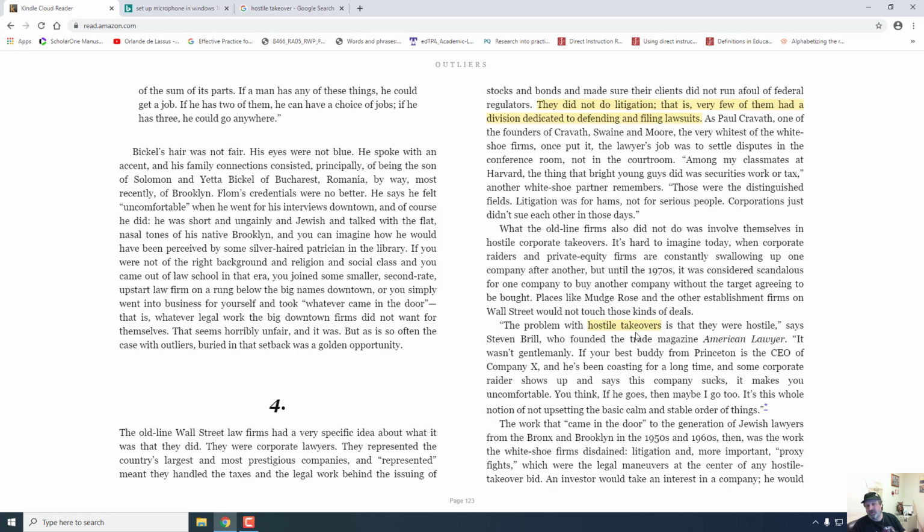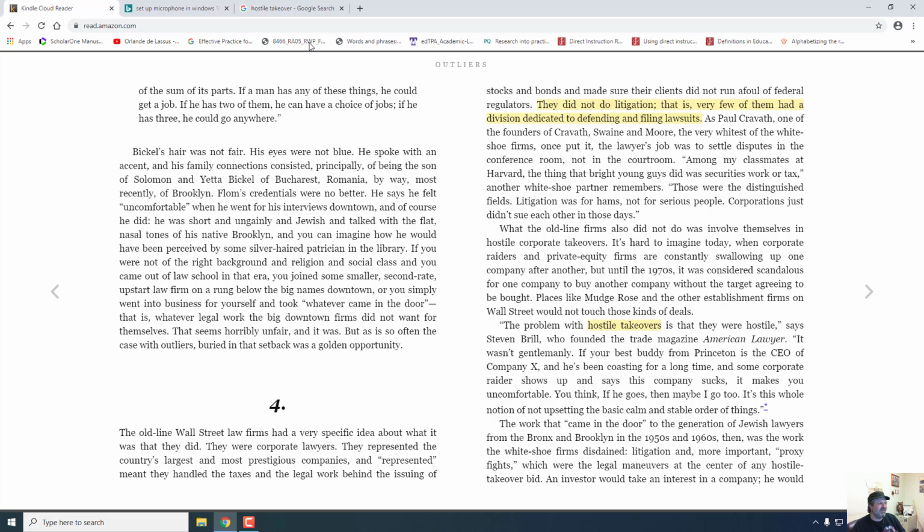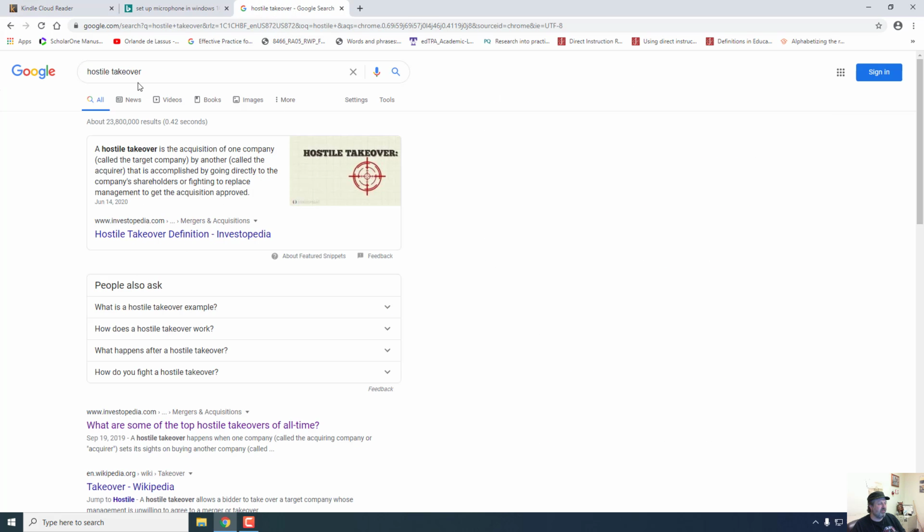There are different ways you can learn about this. Maybe one of you knows, and so you're just talking about it. You can talk to one of your parents. You have Google. So I Google hostile takeover, and it pops up first right here from Investopedia. By the way, Wikipedia, Investopedia, etc., they're actually different things.